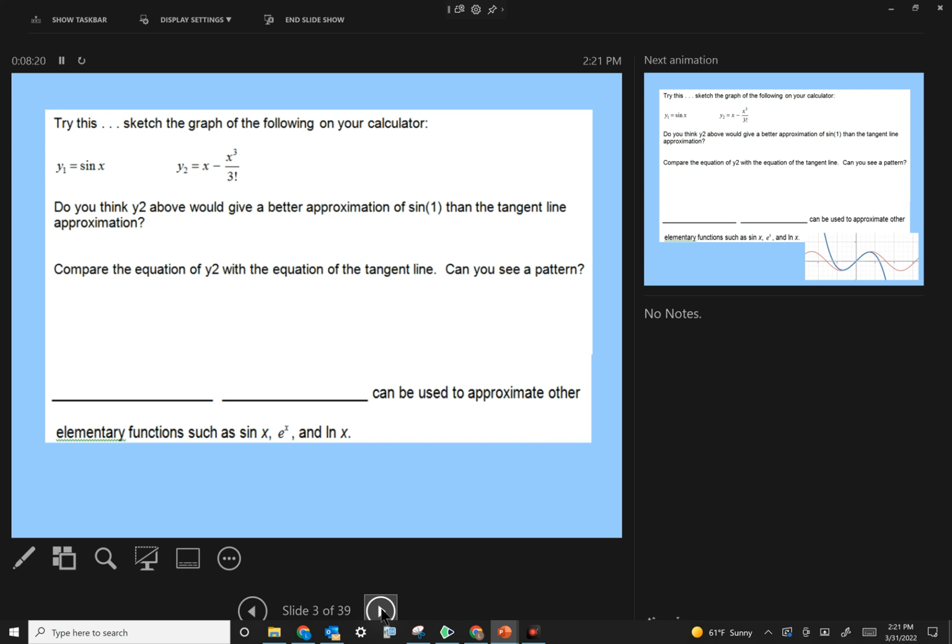What's 3 factorial? 3 times 2 times 1. 6. So if you want, you can put in x cubed over 6. But before you hit graph, everybody got both equations in? So that we're all looking at the same thing, how about we use the Zoom 6 window? So press Zoom 6.